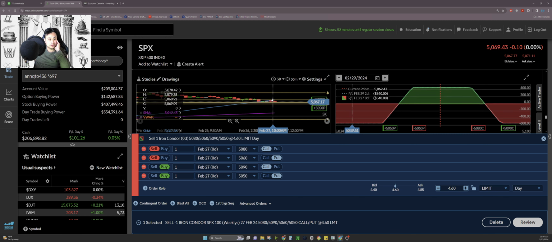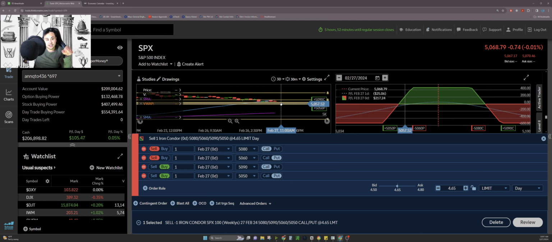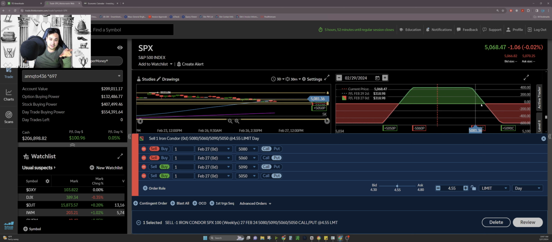You can see we're at the bottom part of that range that I set up earlier. So 5,055 lands pretty much right inside this zone right here. This is a support level from both the weekly and from today. That's what I like to see, there's confirmation on that side.